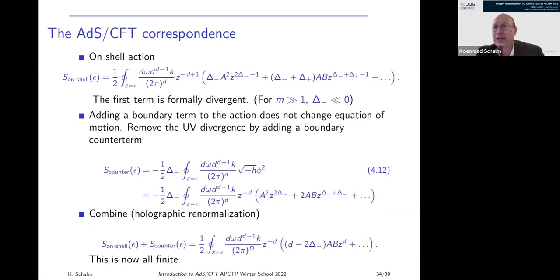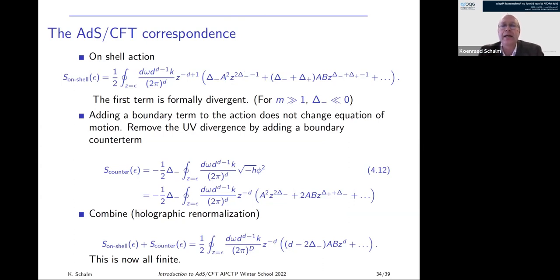There's a good reason for this: if I naively substituted Z equals 0 here, delta minus is generically a very negative number, so this term would diverge because it's Z to some negative power. So I have to consider it at some epsilon away and think about how to deal with this divergence. We'll consider this one later, but let's first consider this one. One step at a time.